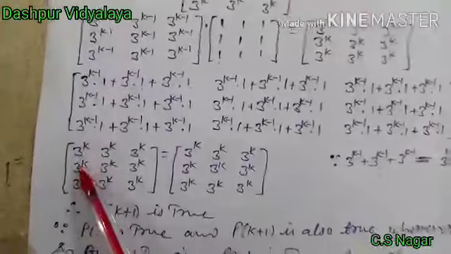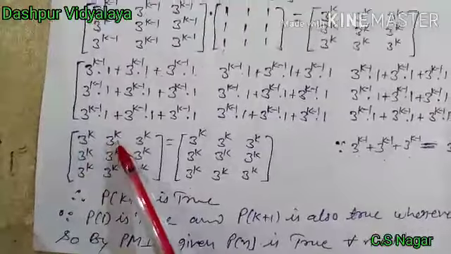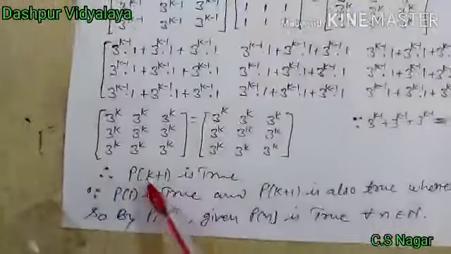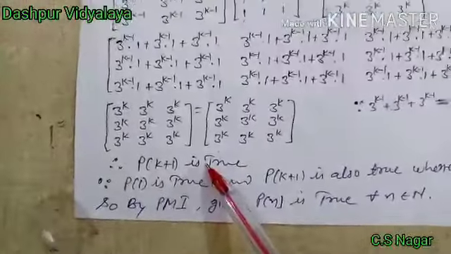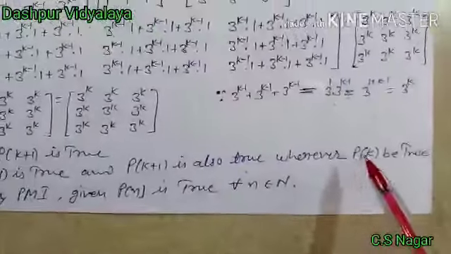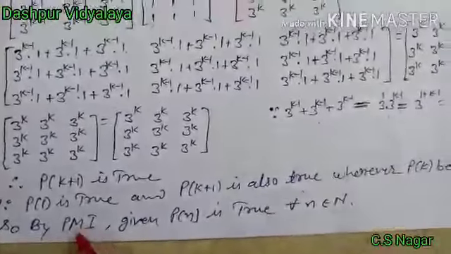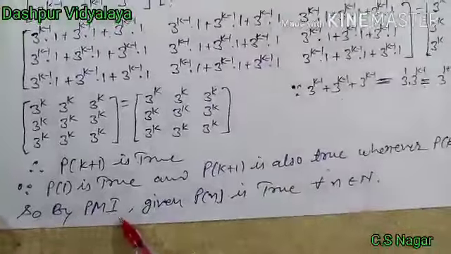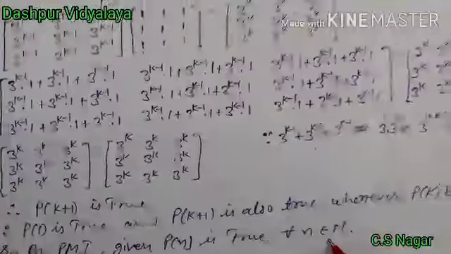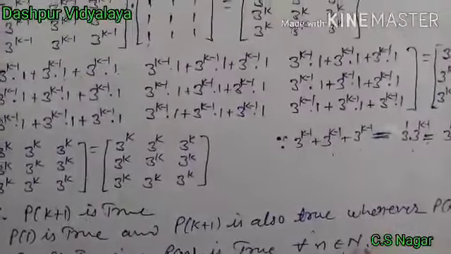So next step, 3 to the power k, 3 to the power k, and 3, all the elements are same, right side also same, it means P(k+1) is also true. Since P1 is true and P(k+1) is also true whenever P(k) is true, so by PMI, principle of mathematical induction, the given statement is also true for all natural numbers n belongs to capital N.